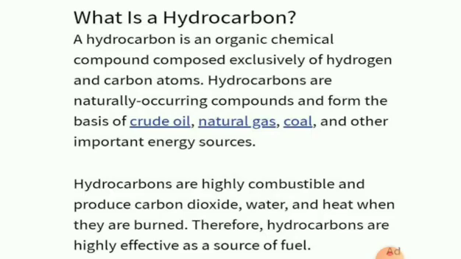So hydrocarbons are naturally occurring compounds and form the basis of crude oil, natural gas, coal and other important energy sources. Hydrocarbons are highly combustible and produce what? Carbon dioxide, water and heat when they are burned.